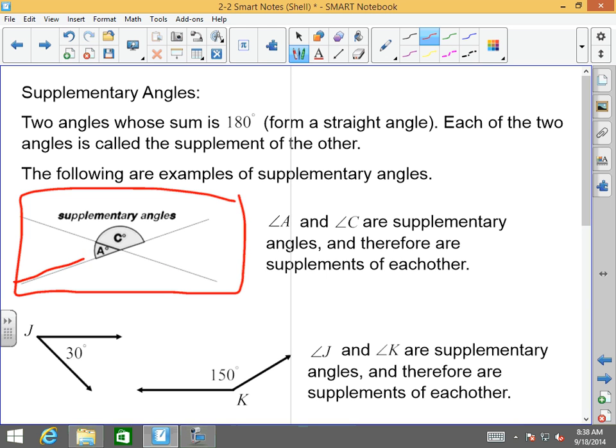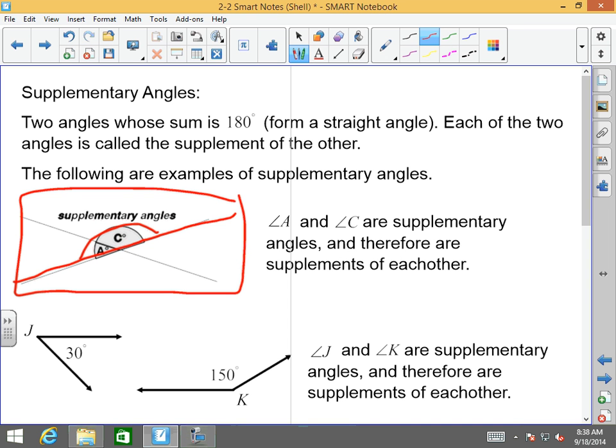Because this is a straight line, and straight lines are straight angles. So that means that equals 180 degrees. So angle A and C are supplementary angles, and therefore they're supplements of each other. I can say that angle A is a supplement of angle C, and angle C is a supplement of angle A.